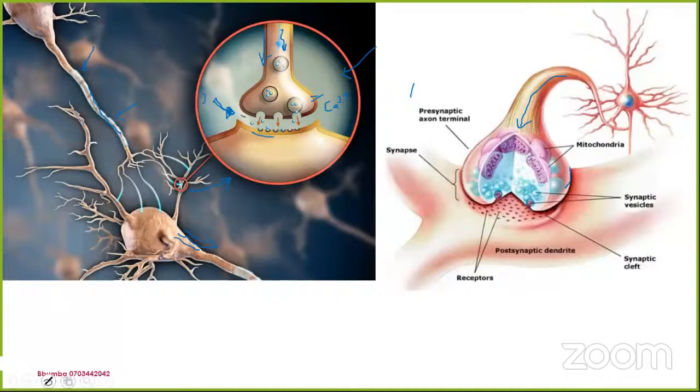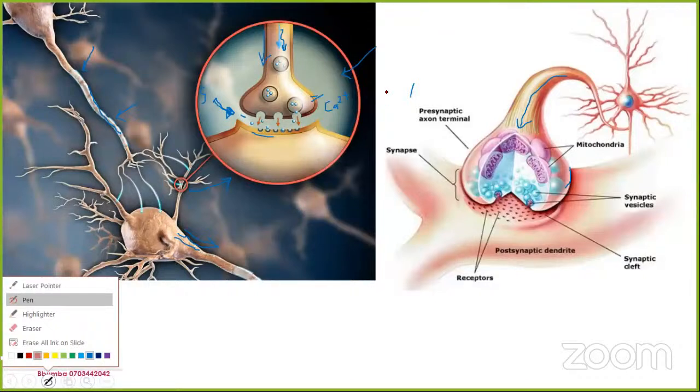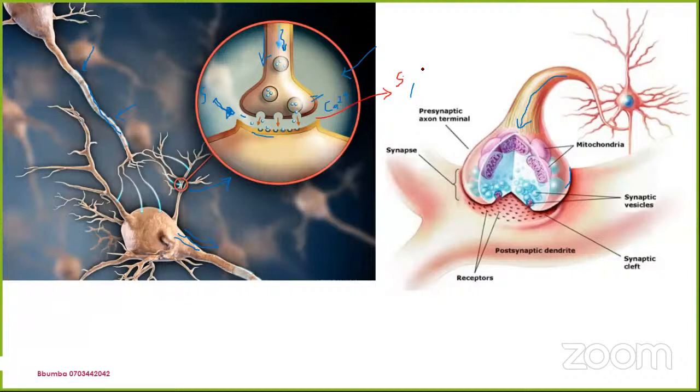Let me use a red pen here. The space is called the synaptic cleft. A cleft is like a small space, or you can call it a synapse. Now, this membrane of the axon terminal before this space is called the presynaptic membrane, because pre means before.